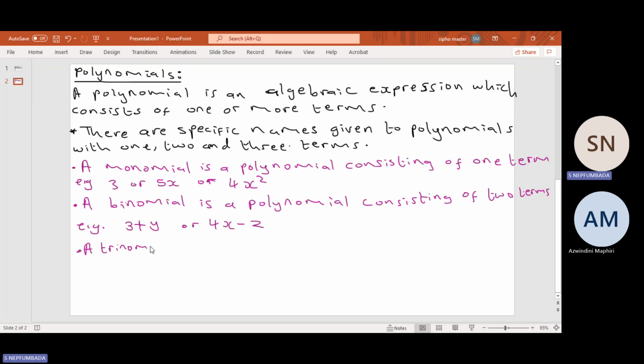A trinomial is a polynomial consisting of three terms.